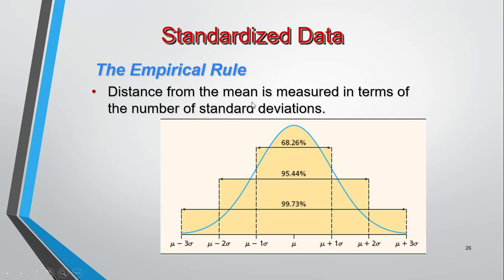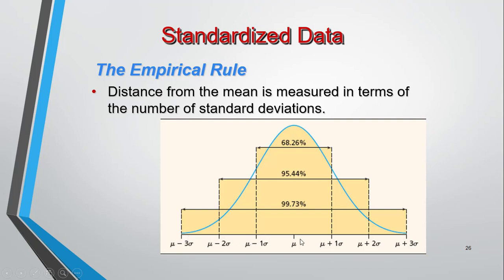I think it's better to look at this from a chart. The distance from the mean is measured in terms of number of standard deviations. For this population, the mean, mu, is right here, and then we can calculate the standard deviation. Mu plus 1 standard deviation is here, mu plus 2 is here, mu plus 3 is here, and mu minus 1 is here, then minus 2 and minus 3.